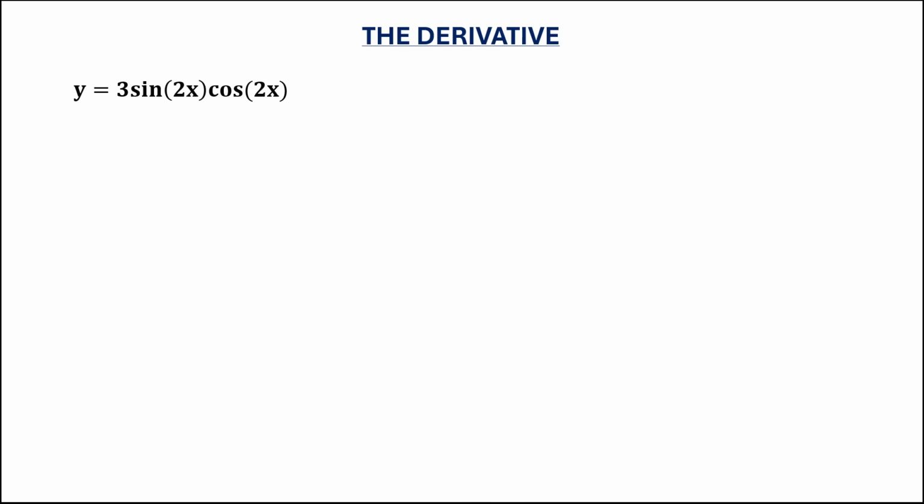Then for this given, to evaluate the derivative, first using the double angle identity, 2 sine A cosine A is equal to sine 2A. From this given, first we need to rewrite it using this trigonometric identity.